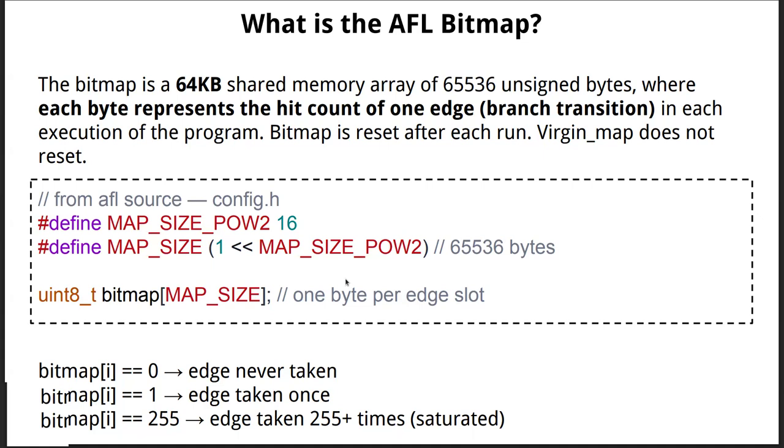If it's 0, it means this edge, from one basic block to another, has not been taken. If it's more than that, it has been taken, and it will not overflow. If it's 255, then you stay safe, so you do not mistakenly overflow it and think you have never taken that edge.